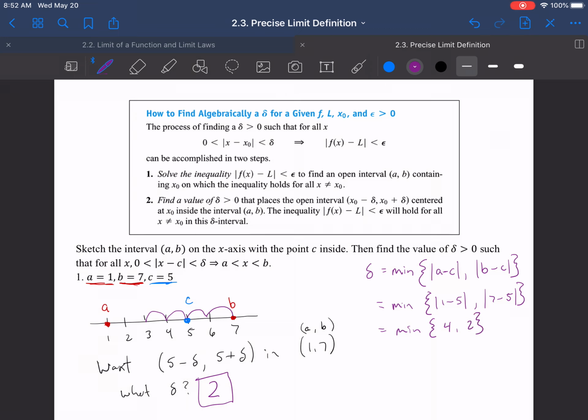And so we take the minimum of 4 and 2, and that's 2. So that's doing it algebraically, by finding differences rather than just looking at the number line. Whichever one is closest to our C value, that's however far away it is, that's the furthest we can move.